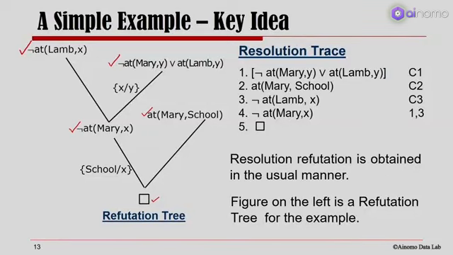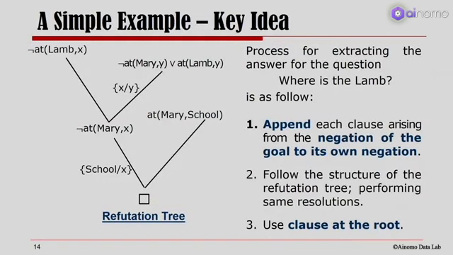But then the idea is to get to the particular place, that is, what is the value of that existentially quantified variable x in the goal well-formed formula. So, the process for extracting the answer for the question, where is the lamb, is as follows.